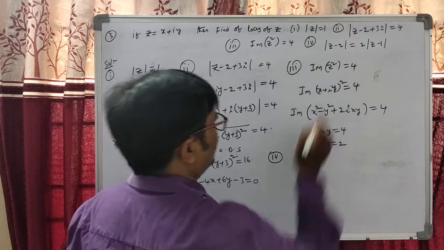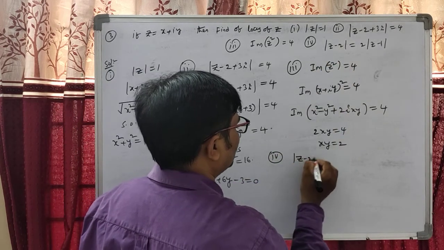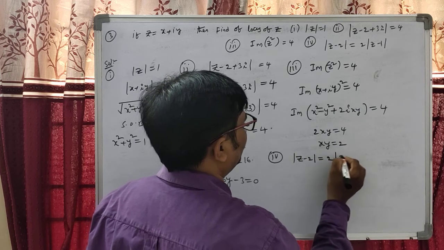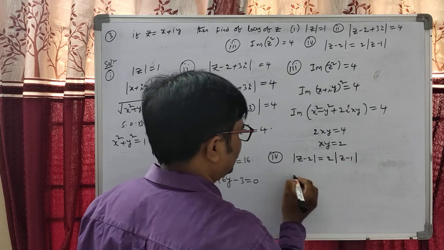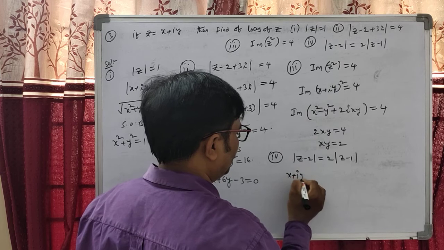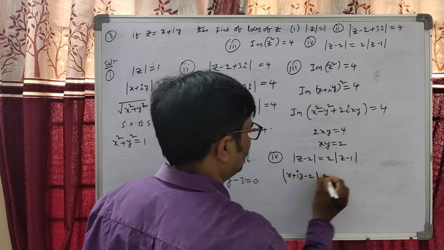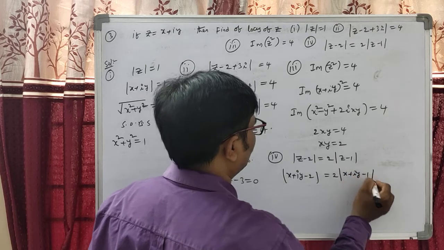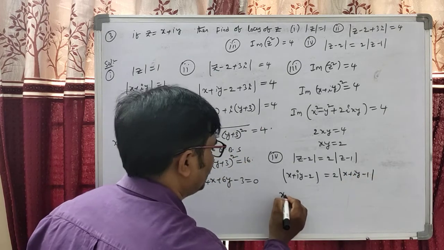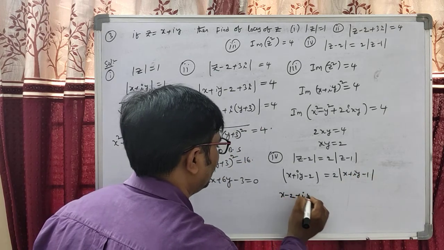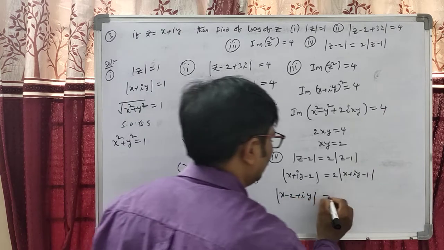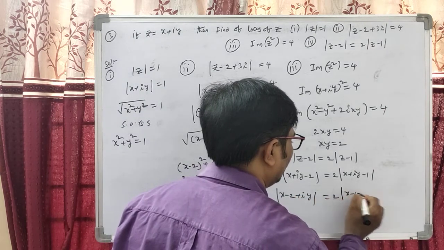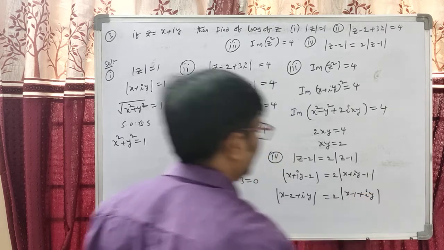That is, modulus of z minus 2 equals 2 into modulus of z minus 1. So students, this is |x + iy − 2| = 2|x + iy − 1|, that is, |x − 2 + iy| = 2|x − 1 + iy|.